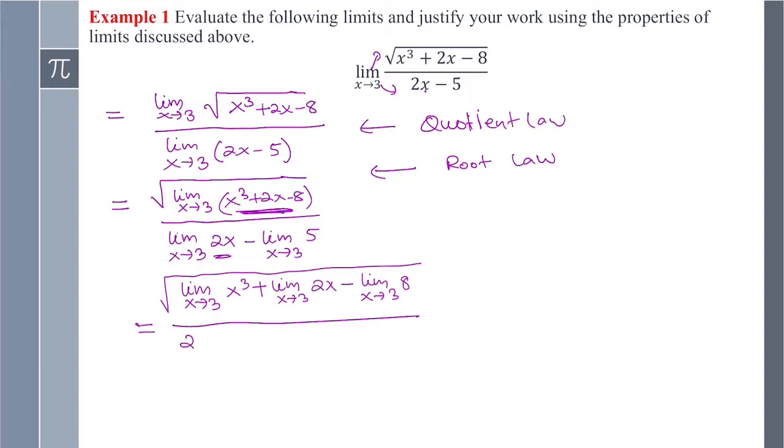So I can write 2 times limit x approaches 3 of x minus limit x approaches 3 of 5. Now let's go ahead and evaluate this.